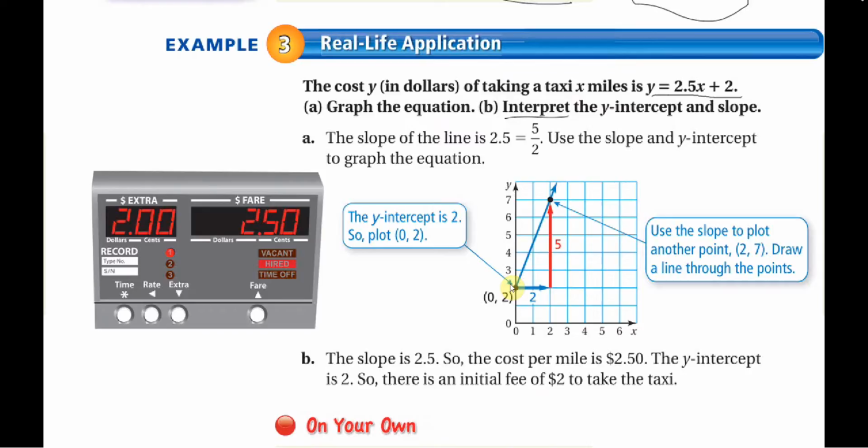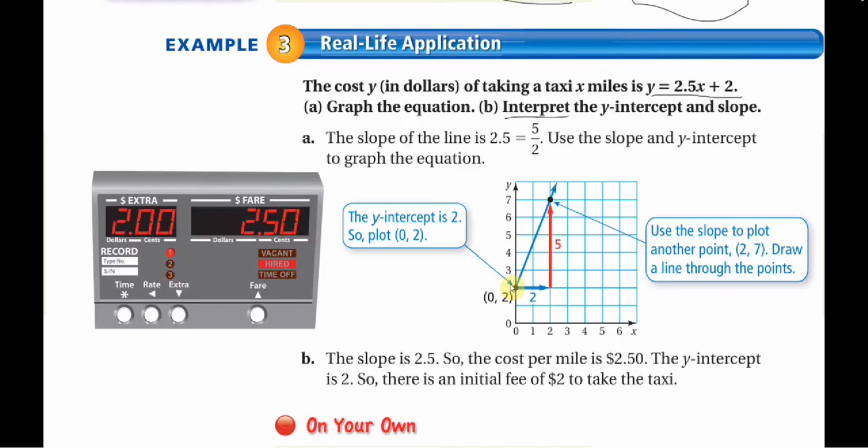Now the slope of this line is 2.5, or that's like saying 5 halves. It's like if you had 2.5 pizzas, and you cut all these in half, how many giant half pieces of pizza do we have? Oh, you have 5 of them.